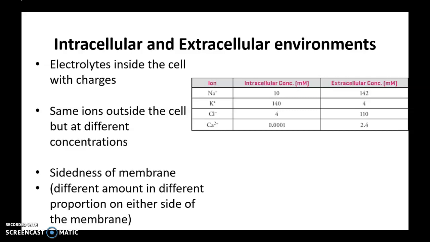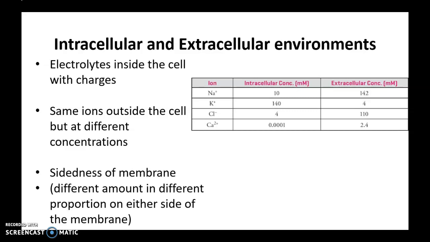And the electrolytes have charges. By electrolytes, I mean ions. So we have sodium, potassium, chloride, calcium, all these ions inside the cell. Now tell me, do we also find these ions in the extracellular environment, meaning outside the cell? The answer is yes. But remember, their concentrations are very different inside as compared to outside.